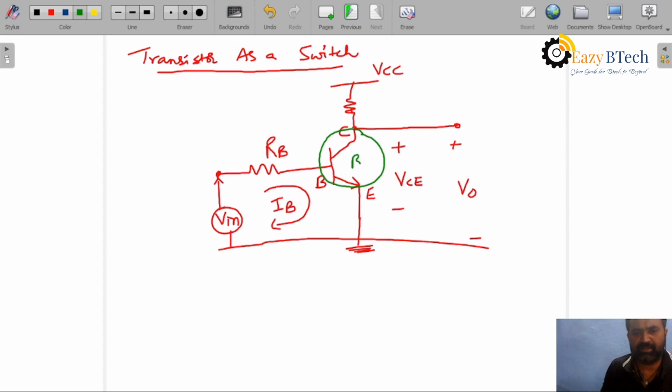This transistor is a BC107. BC107 is the model, and the type of transistor is NPN. Okay, students, now you can see when Vin is 0, what happens in this particular case?